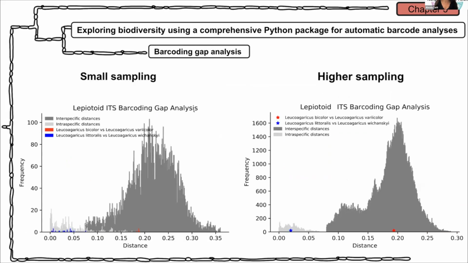And this is an example of what a small taxon sampling can do. If you have a small taxon sampling, the code can't recognize the outliers, and so you have this overlapping distribution, while with a higher taxon sampling, the code is going to recognize them and remove them from the analysis. So you have a clean histogram.